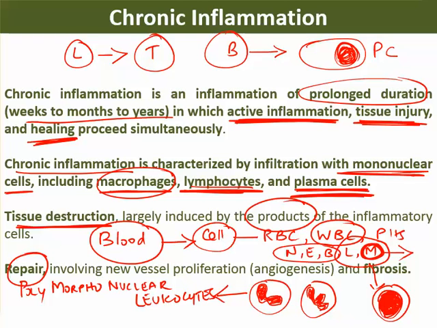They also stimulate the repair process. So that's why there will be fibrosis as an outcome of chronic inflammation, whereas in acute inflammation there will be pus formation. In chronic inflammation, the end stage is complete fibrosis.